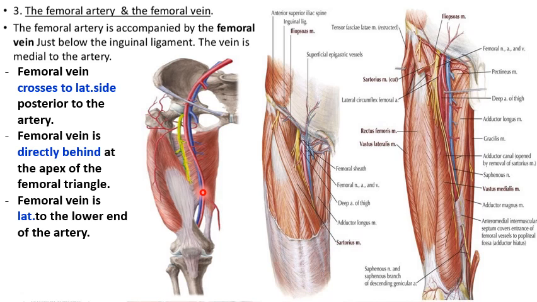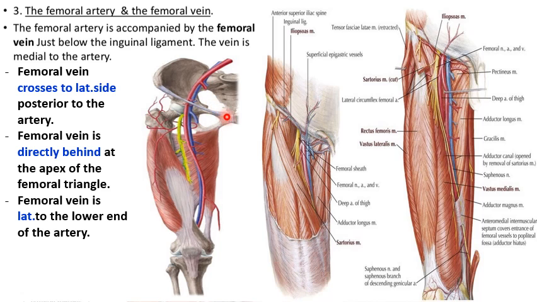Later on, this is the adductor canal. So, in the adductor canal, the femoral vein is lateral to the femoral artery. Is that clear?